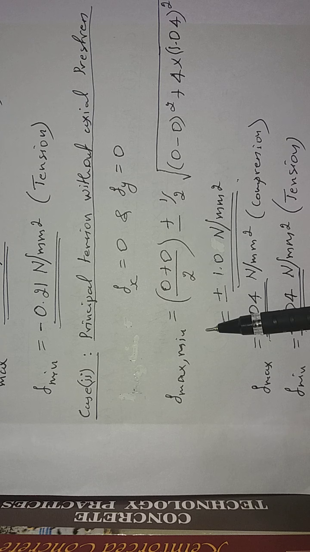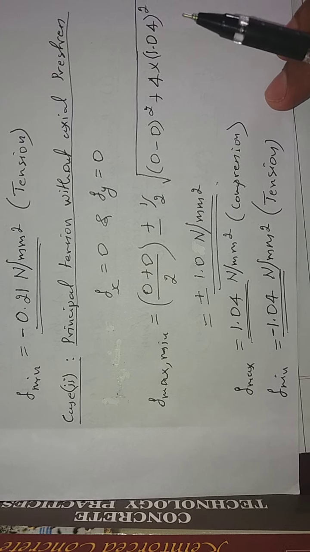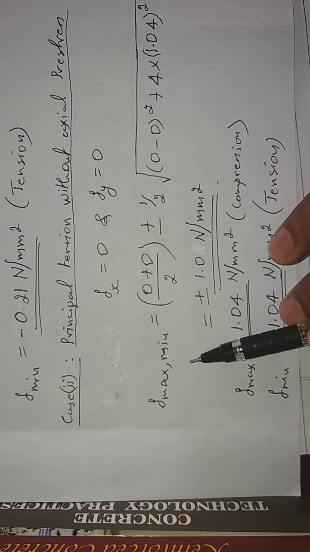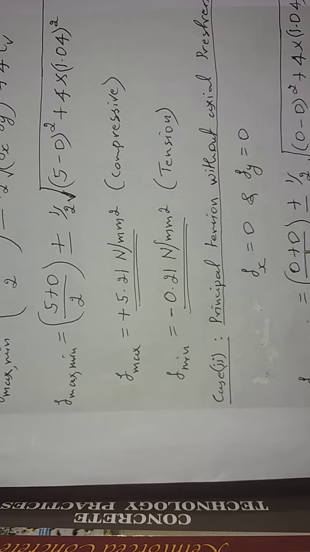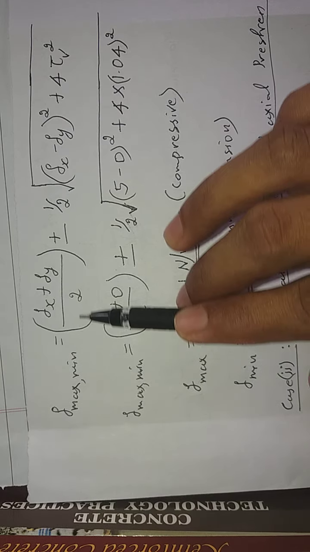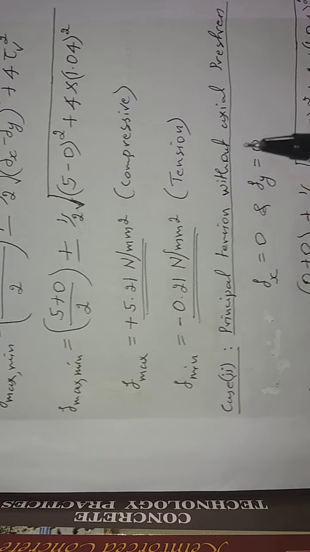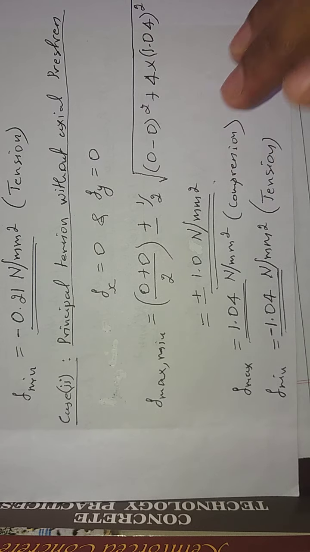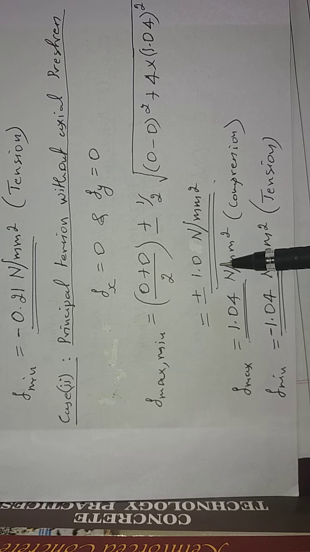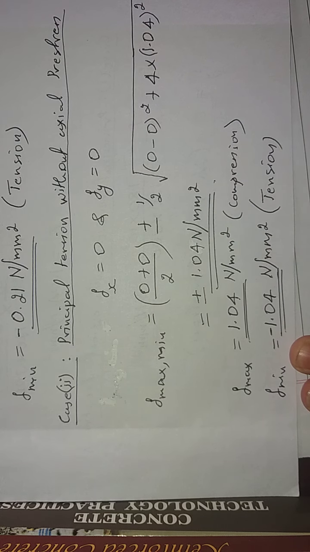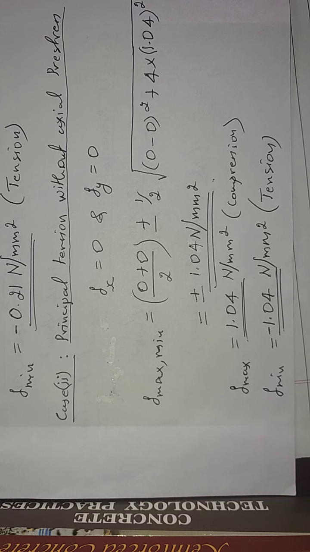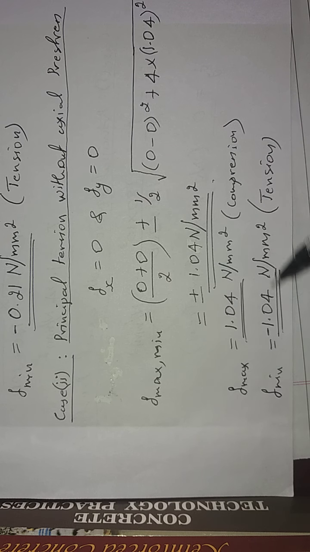Next we will substitute into the same formula for F maximum and F minimum that we used earlier. By substituting, you will be getting plus or minus 1.04 Newton per mm square.